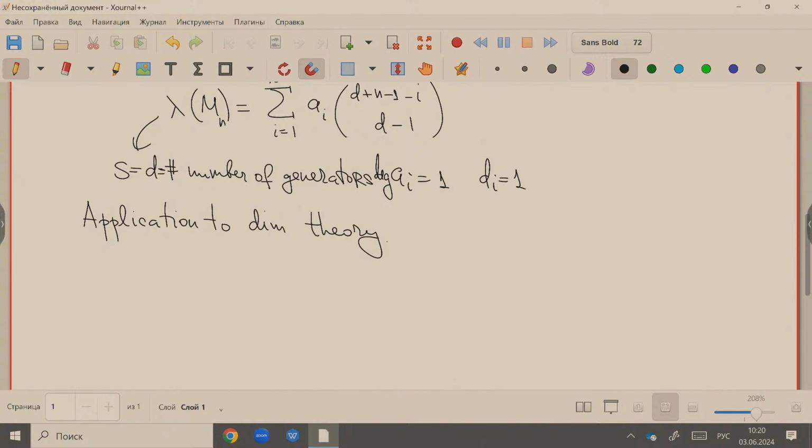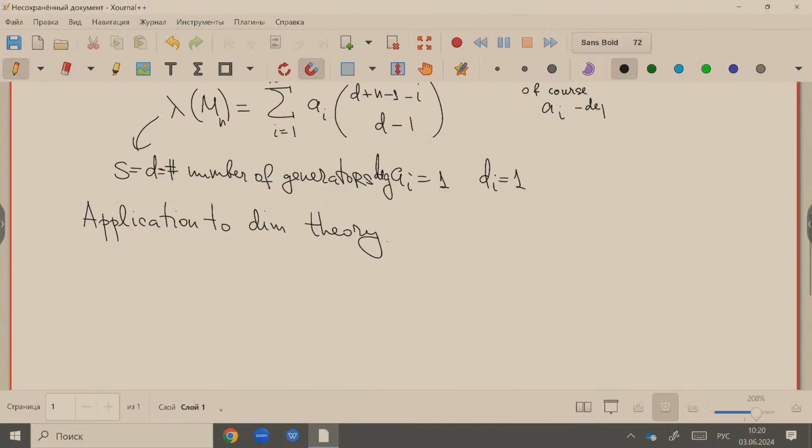So it may seem that a_i depend on the function lambda and its values on m, and its values on m_i. But what is the main benefit and reason for introducing this formula?